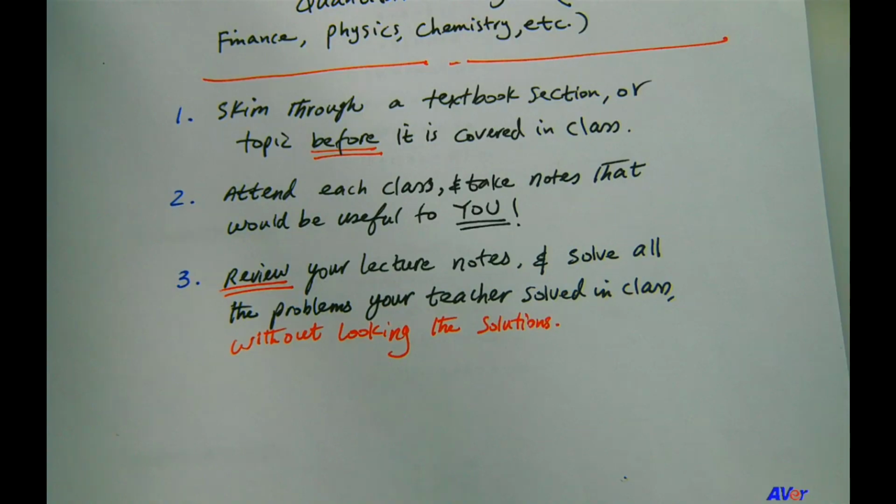And that's critical. That's number one when you learn anything. You ought to give yourself the opportunity to generate your own thinking. If you rob yourself of that, you will not learn anything.